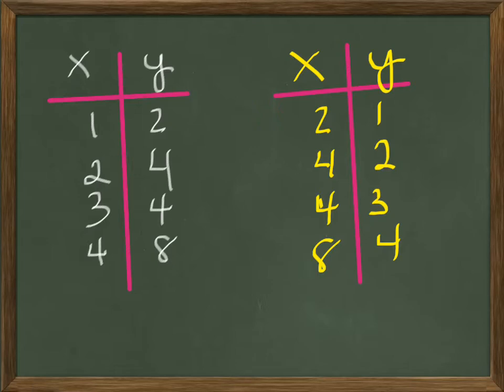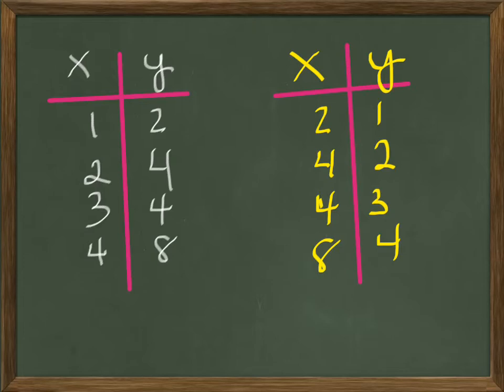Okay, here are two more t-tables. The t-table on the left represents a function, because each x has exactly one y. Even though the y's are repeated, each of the x's are only paired with one y. So 2 is only paired with 4, and 3 is only paired with 4. But that's okay. You can repeat the y values.